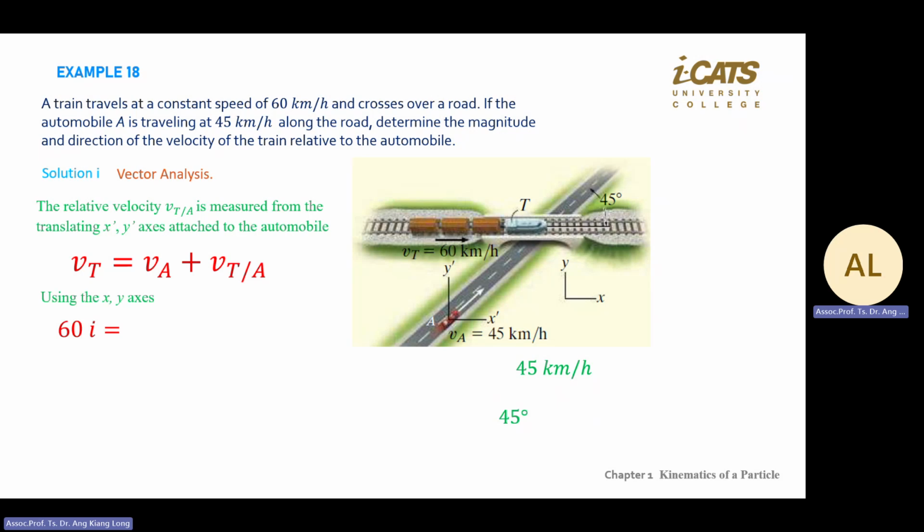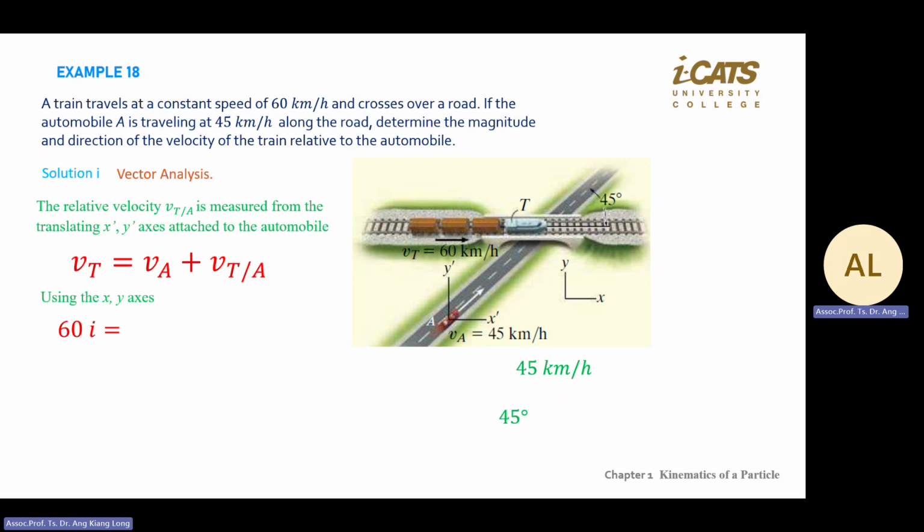It's a side. If it's a side, then it's cos. So VA cos 45. Or if you're familiar with 1 over square root 2, that one also can use. But if not, then you just write cos 45 and then press calculator. This one, VAy equal to VA sine 45. So input this one into here.